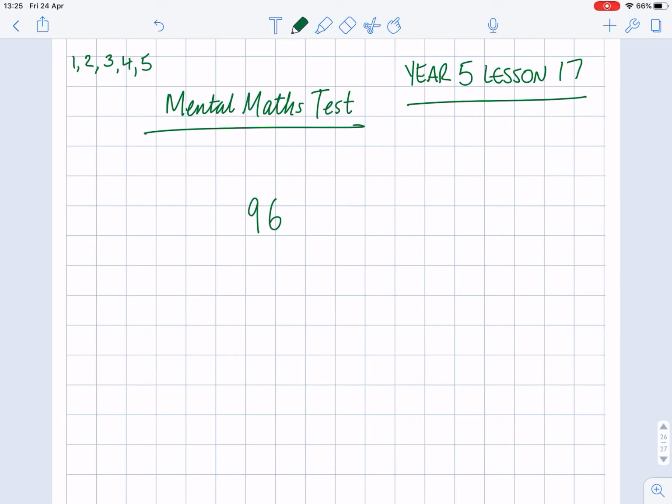Question 6, what is 50 multiplied by 6? Question 7, what is 70 multiplied by 30?